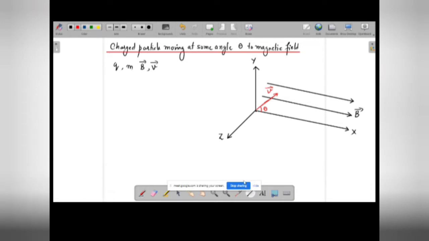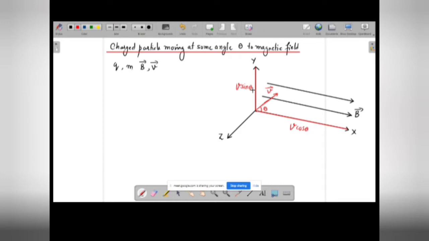The y-axis is going to give one component, and the x-axis is going to give another component. Let me write down the components. This component is going to become v sin theta, and this component is going to become v cos theta. Since this one is nearer to the angle theta, it is going to become cos theta, and this one is going to become sin theta.